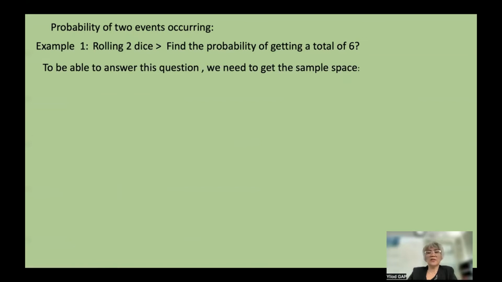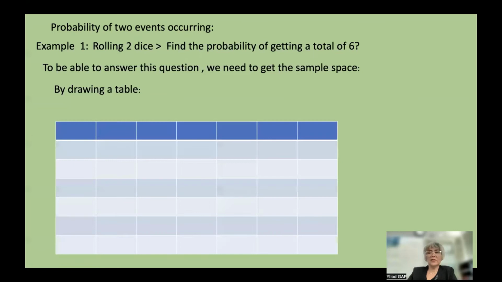And we can do that by drawing a table. So that's the table, dice 1, and you have the outcomes 1, 2, 3, 4, 5, and 6. And dice 2, we have 1, 2, 3, 4, 5, 6.